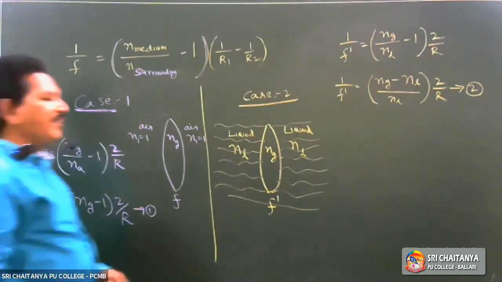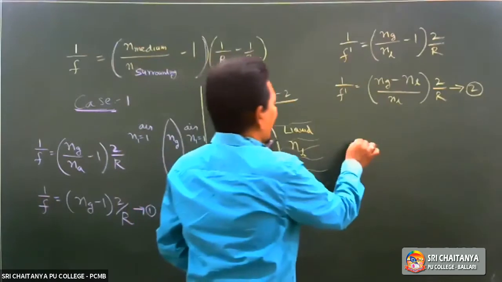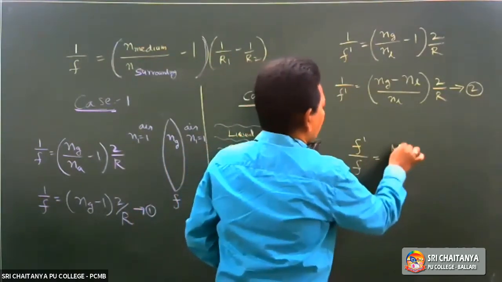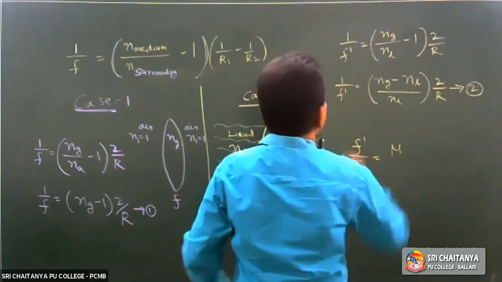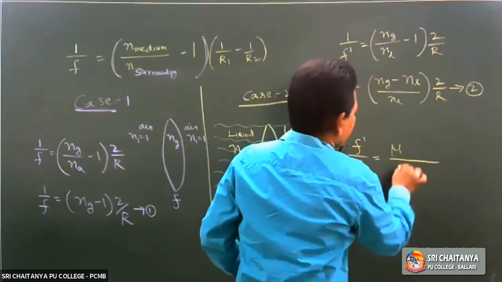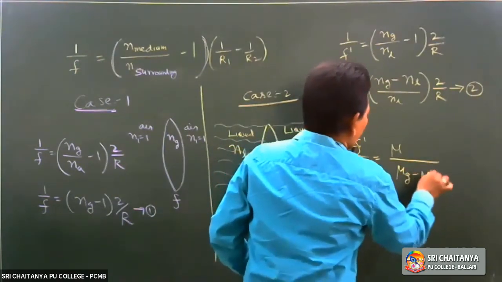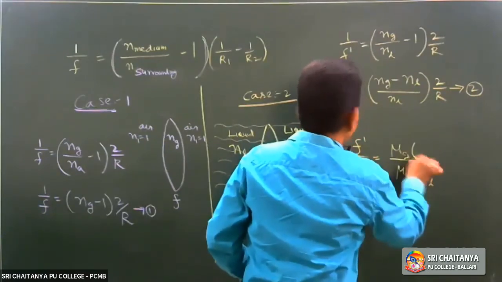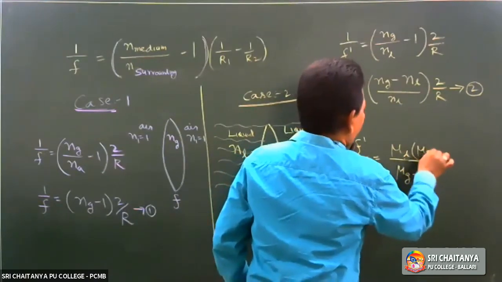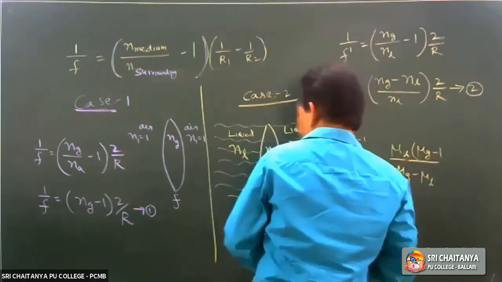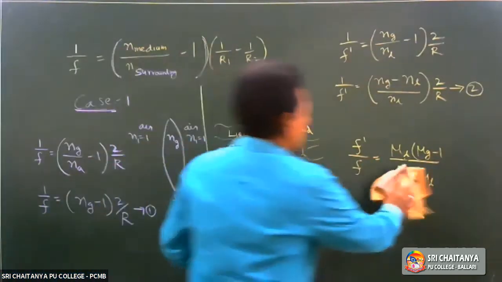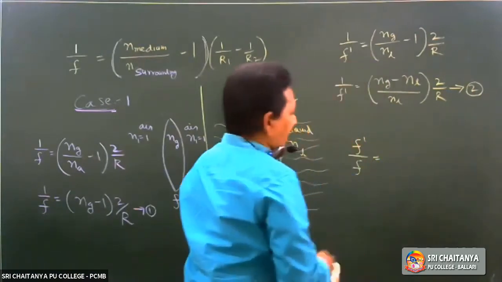If I divide that equation, we are going to get f dash by f is equal to (mu g minus mu l) by (mu l into (mu g minus 1))... or we will write in terms of n only. F dash by f.